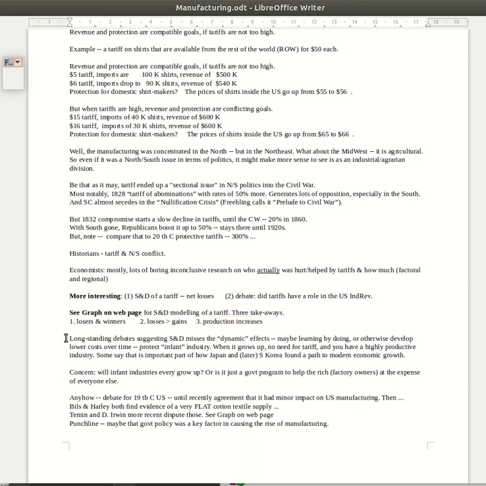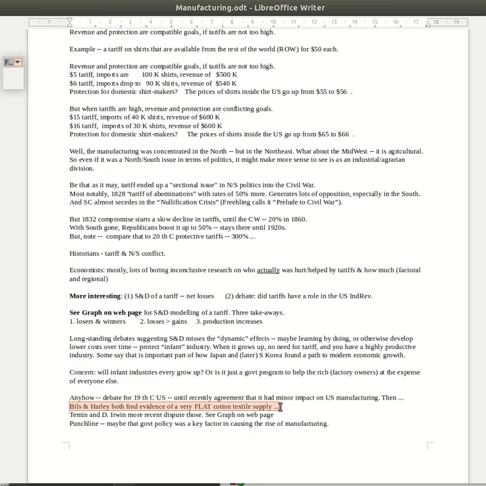So, for a long time, it was viewed that the tariffs in the 19th century didn't do much. But, as shown in the graph on the web page, these economists Bills and Harley found evidence that the supply curve for cotton textiles was very flat.